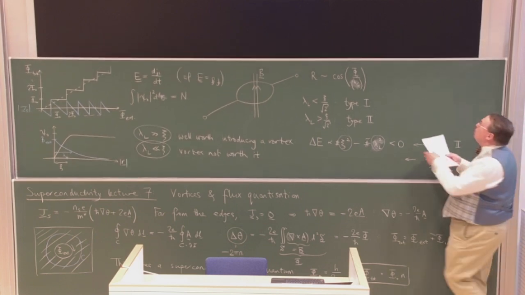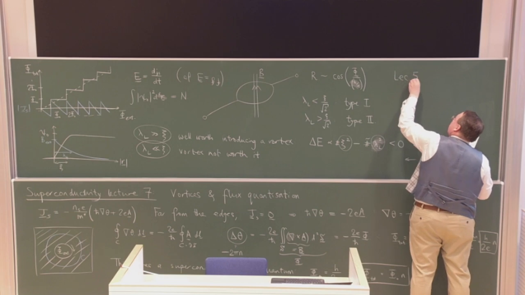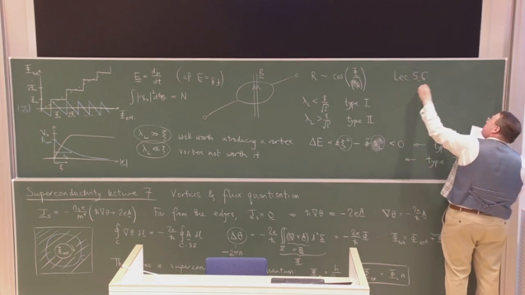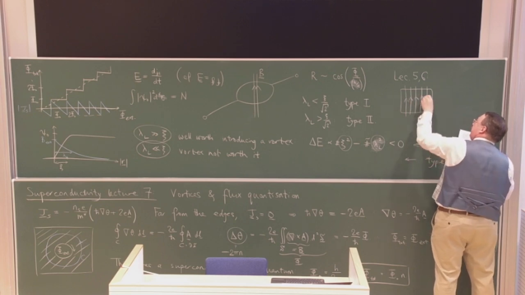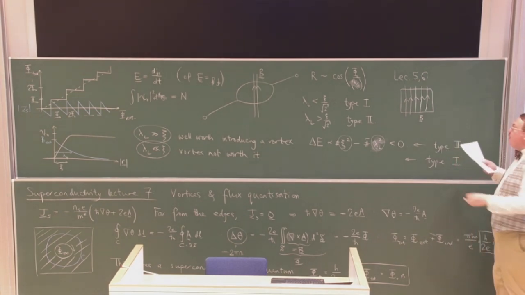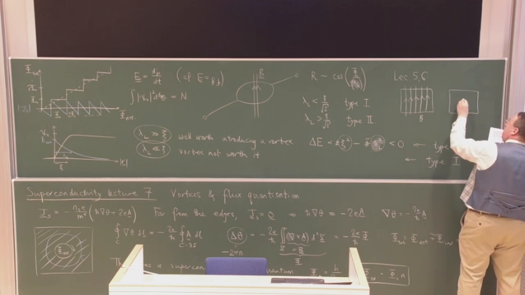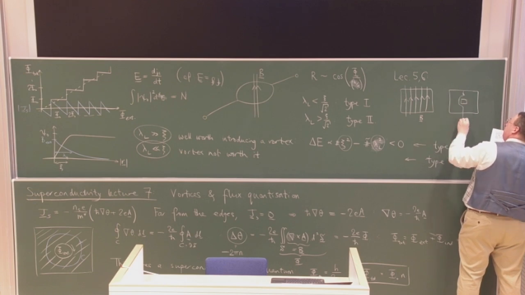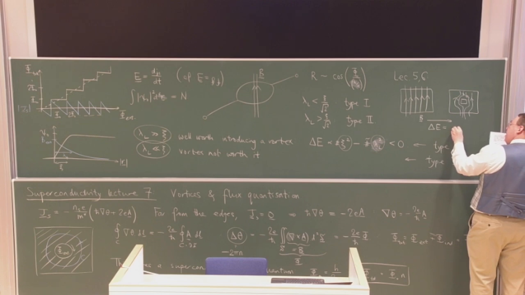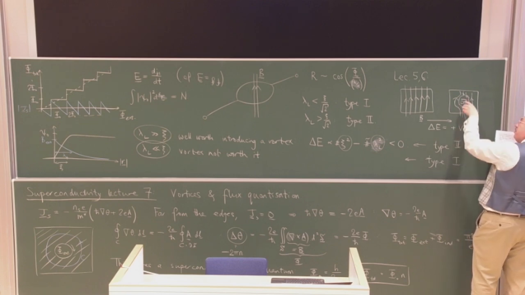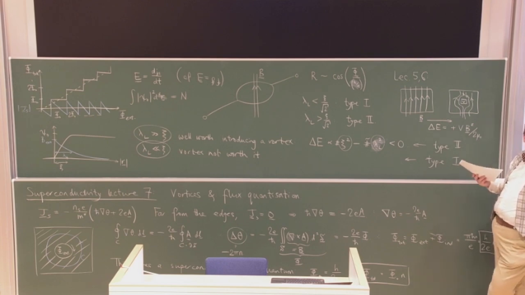So what we showed in lecture 5 or 6, I can't remember which, was that if I take a box with a constant magnetic field B inside it, and then I introduce a region in that box and force the field to go round it, then the energy change going from here to here is plus the volume of this bit that I've excluded times the square of the field over 2 mu naught.